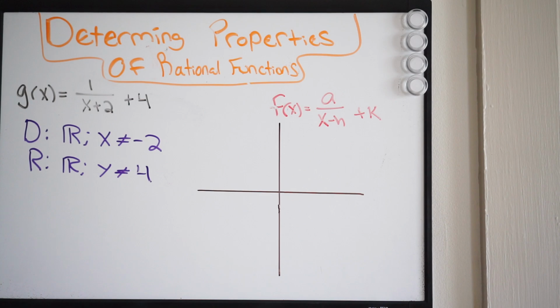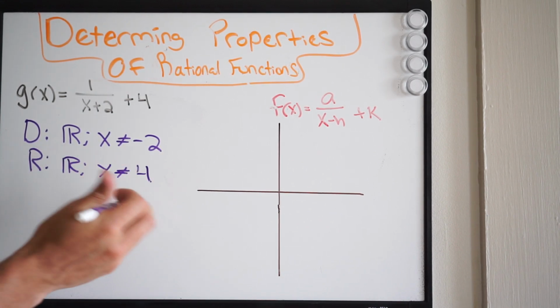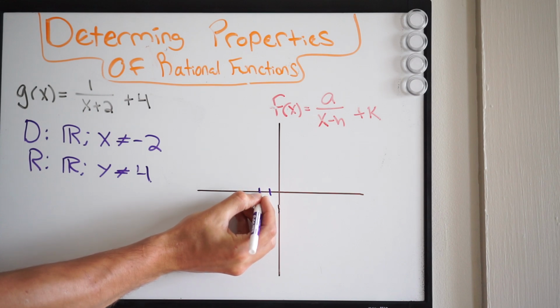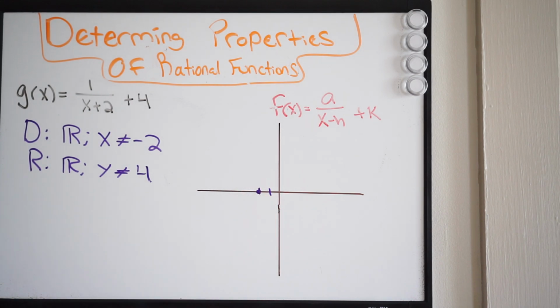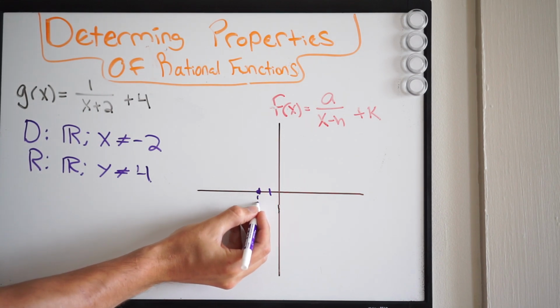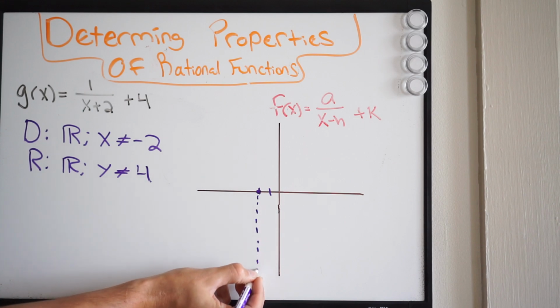Remember, your vertical asymptote is always going to be what you've got for your domain. Well, it's going to be all real numbers except negative 2. So I'm going to go to negative 2 on the x, so 1, 2, and this is going to be my vertical asymptote. There it is.